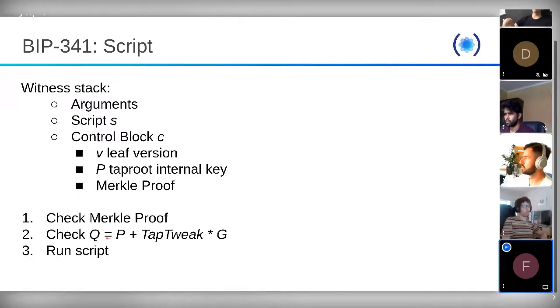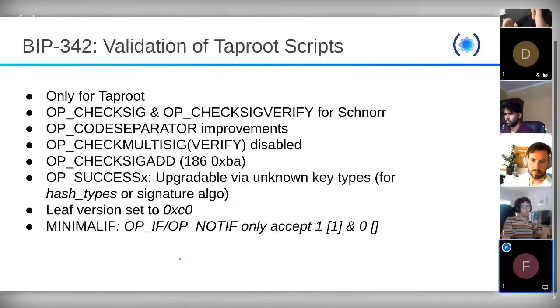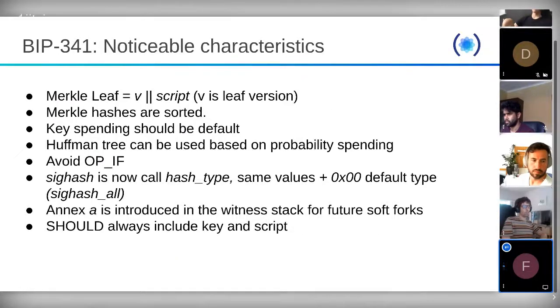The BIP explains how to create a tap tweak, which is using P. You create a random hash basically with your P, and you still put the tap tweak in there.